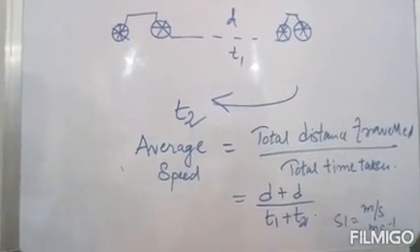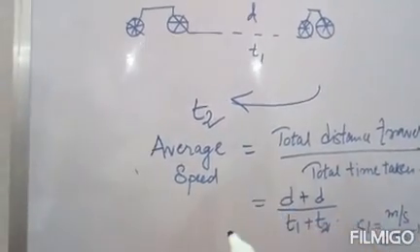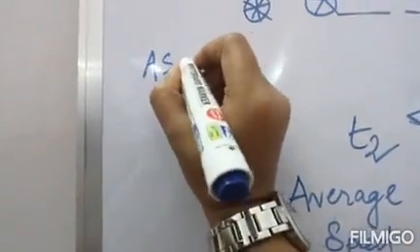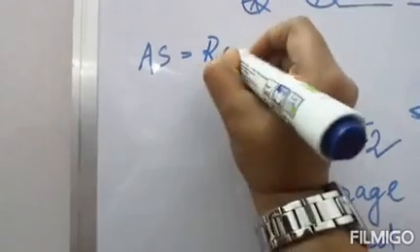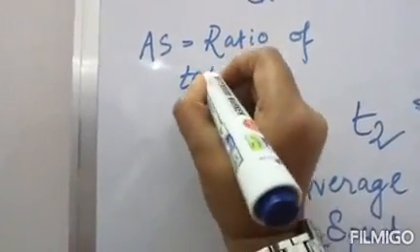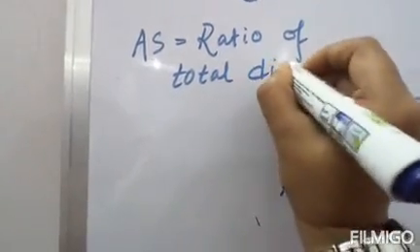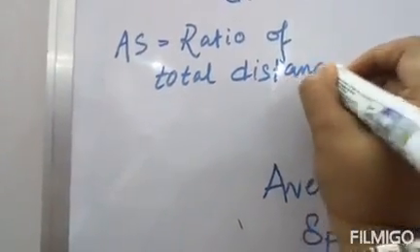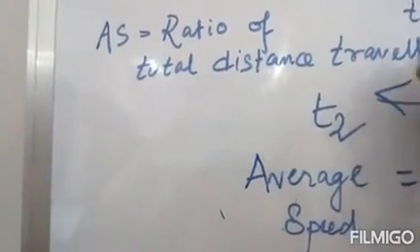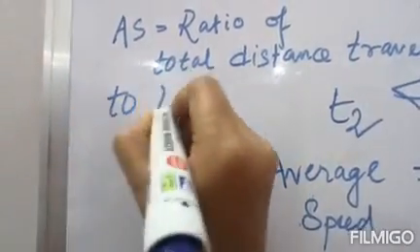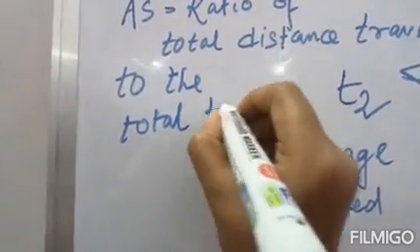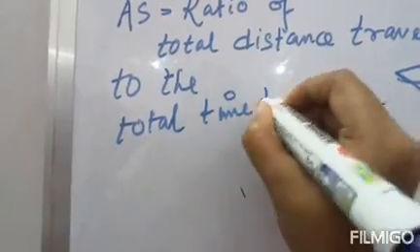So how can I define average speed? Average speed, AS, will be the ratio of total distance traveled to the total time taken.